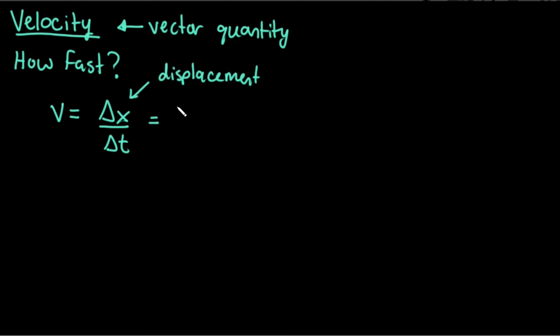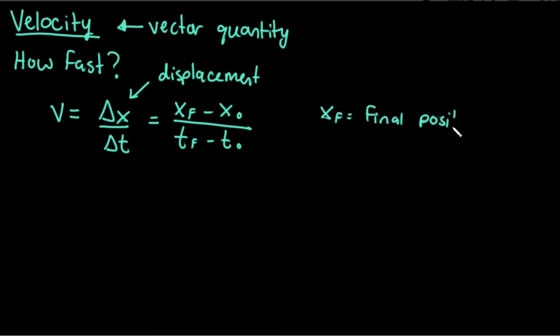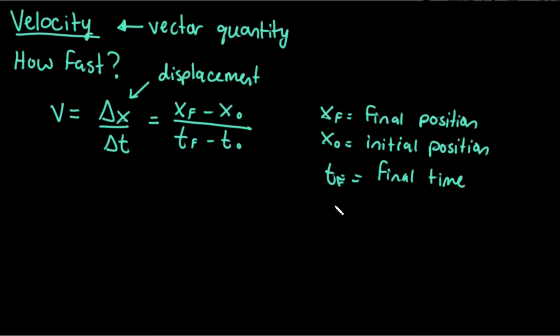So we can also write it like this: xf minus x naught over tf minus t naught. xf meaning final position, x naught meaning the initial position, tf meaning our final time, and t naught meaning the initial time.